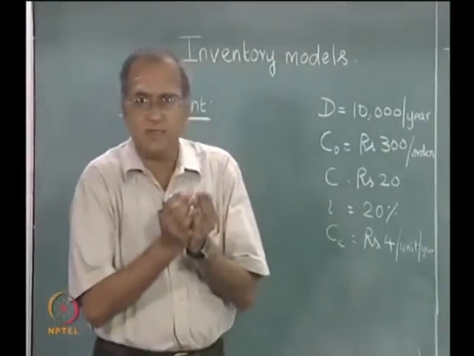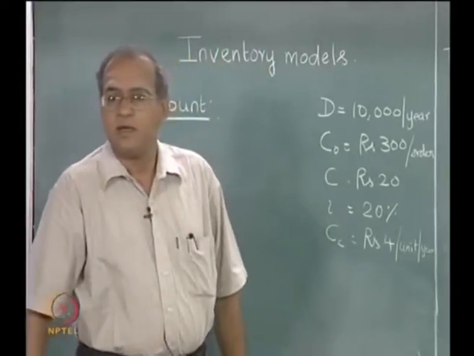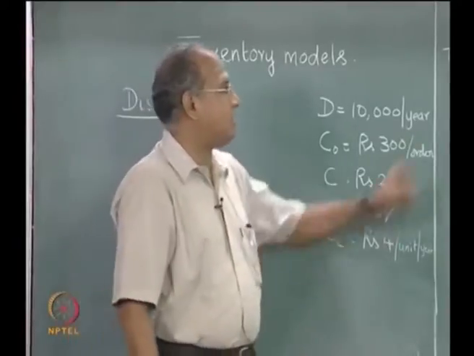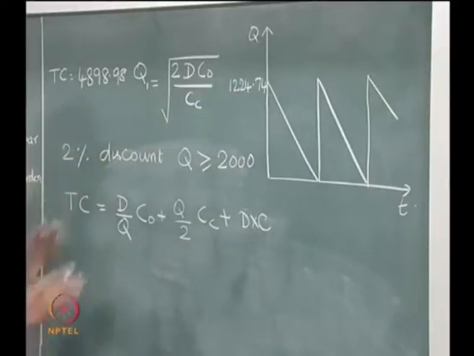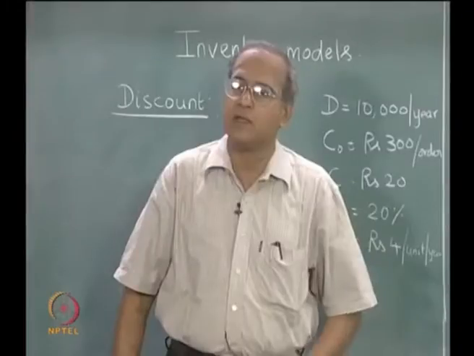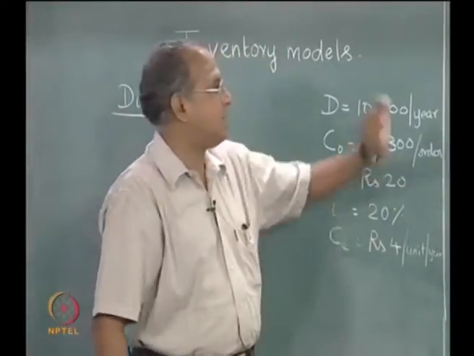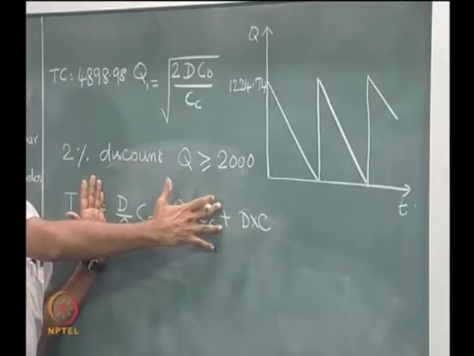Now, if we are interested in a quantity of 2000 and we want to avail the discount, at any order quantity which is different from 1224.74, the sum of these two, D by Q into C naught plus Q by 2 into CC, which represents the total cost of ordering and holding, will definitely be more than the 4898.98, because we have derived 1224.74 as the optimum value where this total function is minimum.